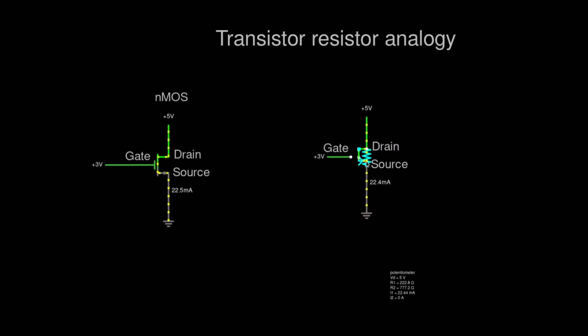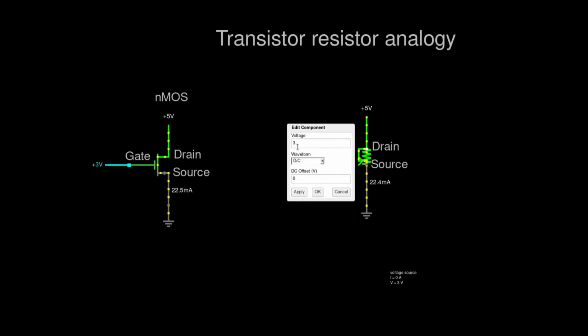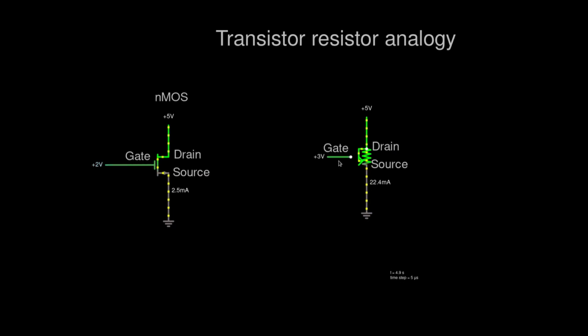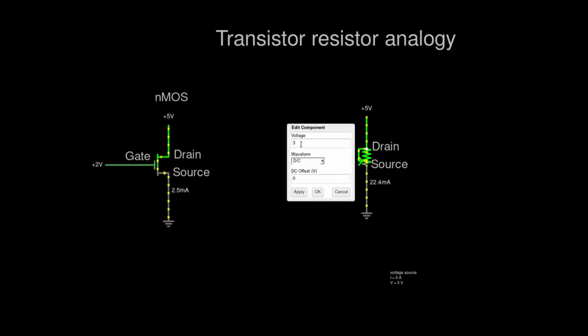We can see the resistance has grown when the gate voltage, or the voltage between gate and source, has gone down. Let's make it even less. Let's make it 2 volts. Apply and apply here as well.